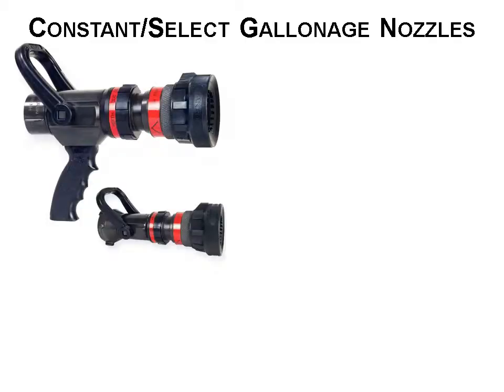Constant selectable gallonage, manually adjustable nozzles allow for the adjustments of gallons being discharged by turning the selector ring on the nozzle. If you look at this one, the one here with the pistol grip in the back, you can see the numbers from flush. You can manually turn that and get whatever gallons per minute you want. On our fog nozzles, we always leave them in the 200 gallon per minute setting, especially our pre-connects.